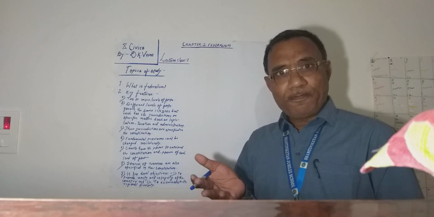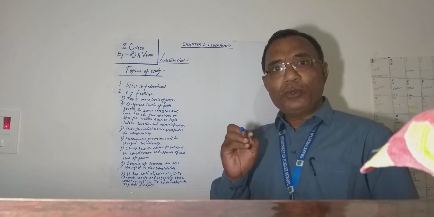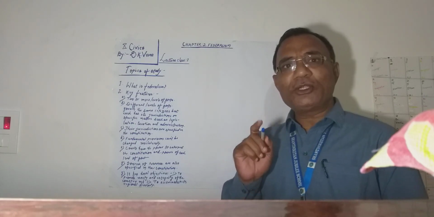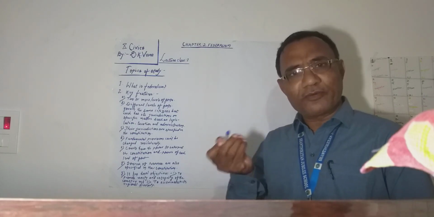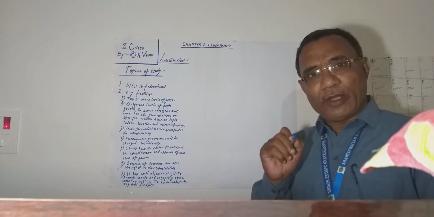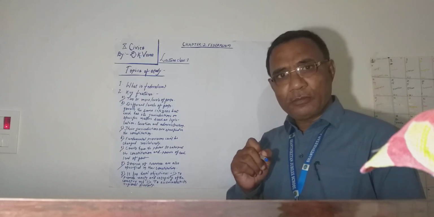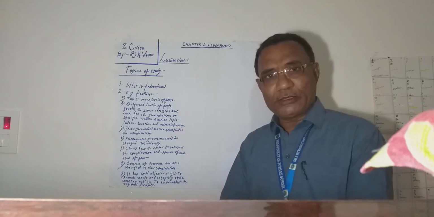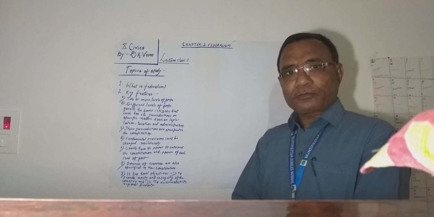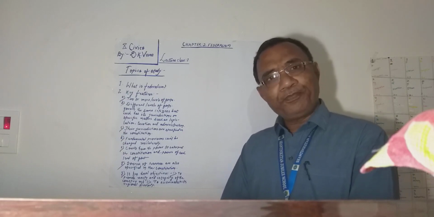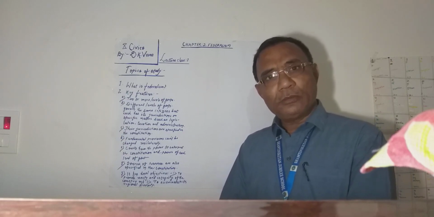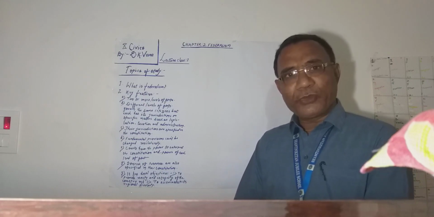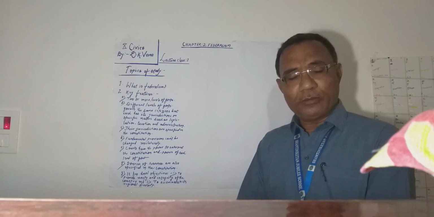It is because in a true federal nation, at least there are two levels of the government. Number one, central government. Number two, state governments, means the provincial governments. Students, it is because without a federal system, we can't imagine about democracy.